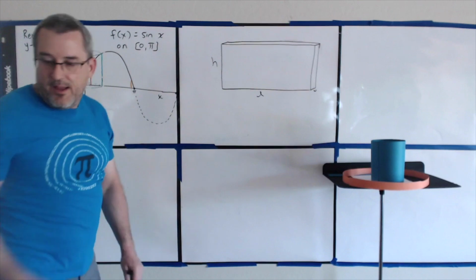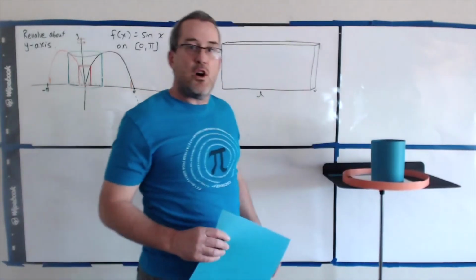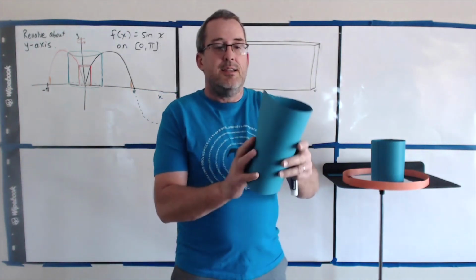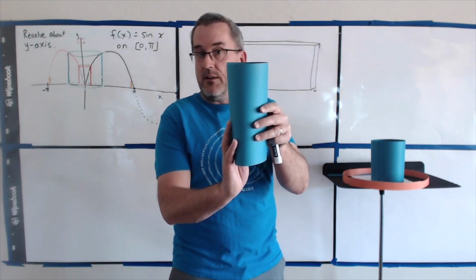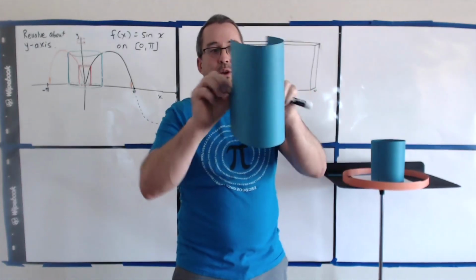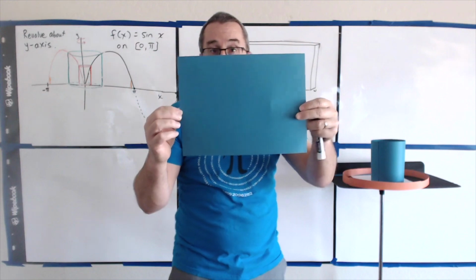So what would a single cylindrical shell's volume look like? I tried to draw it here, but here's the point. Take your cylindrical shell, the wrapper on the can, if you will, and take the wrapper off. What used to be a cylinder is now a rectangular solid. Now I say it's a rectangular solid.